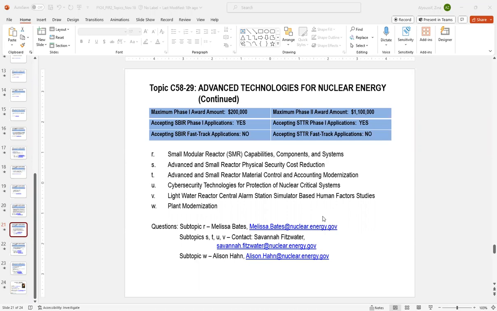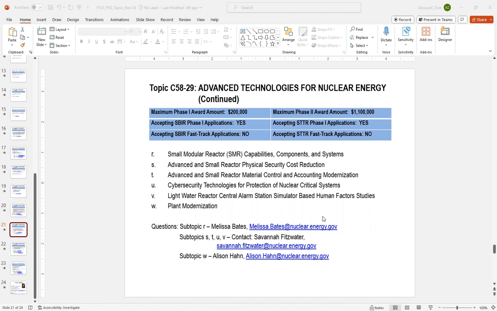We're looking at artificial intelligence and machine learning, specifically trying to address explainability concerns, digital twin technologies for the operating fleet. So I want to flag that this particular subtopic area is for the operating fleet. That differs from some of the other subtopics that we've just gone through. This one is specific to that.